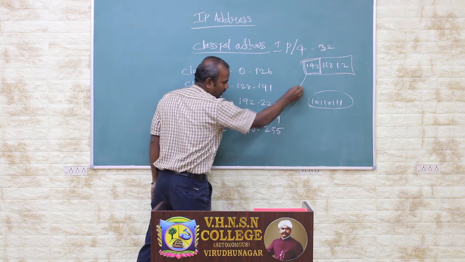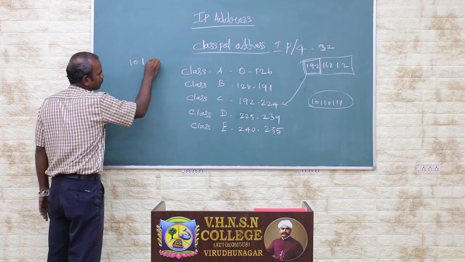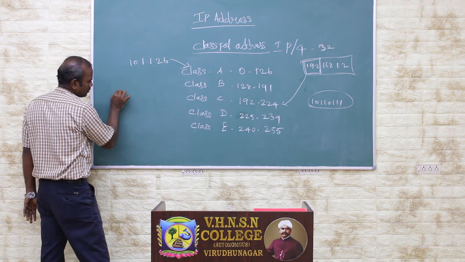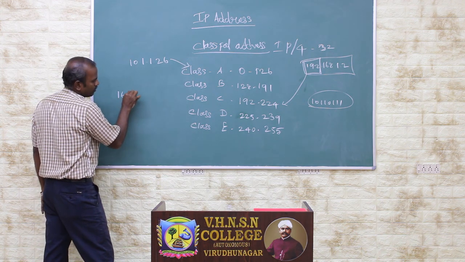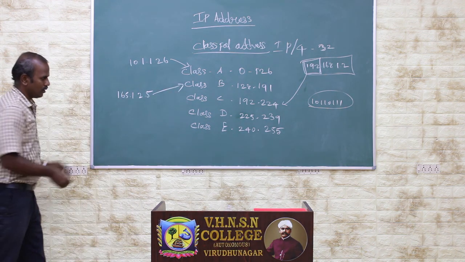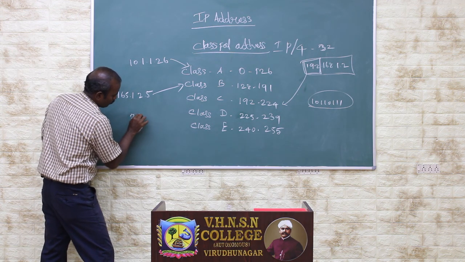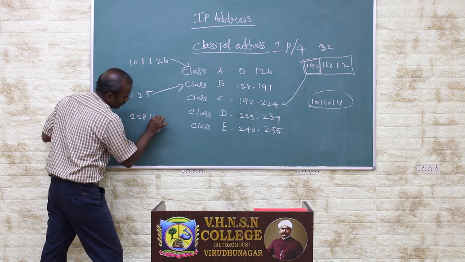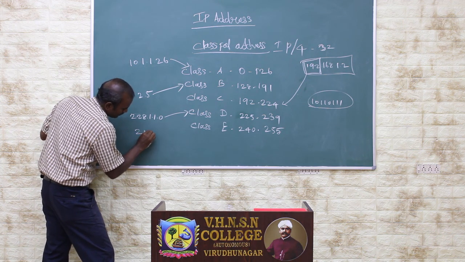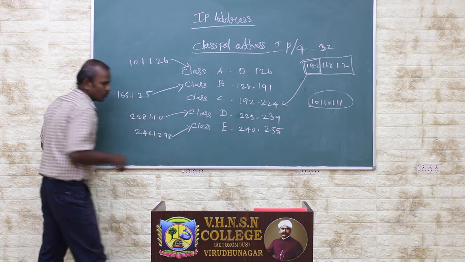It belongs to class C. Suppose your address is like this, that belongs to class A. Suppose your IP address is like this, it belongs to class B. Suppose your IP address is 228.1.1.0, it belongs to class D, and likewise 246.1.2.98 belongs to class E.